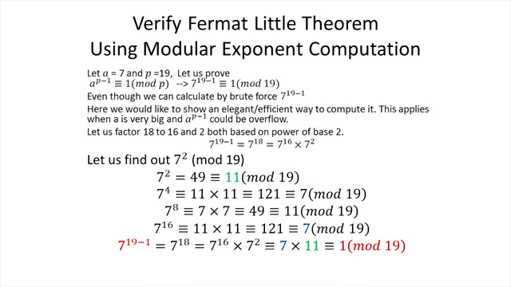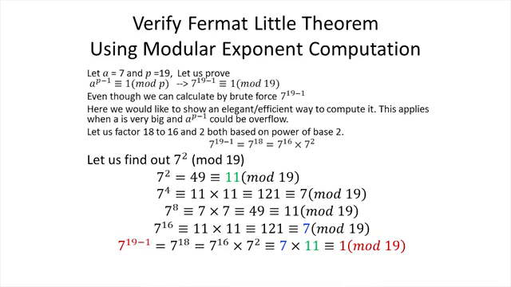Once we have all these terms, we can compute the 7 to the power of 16 and 7 to the power of 2 numbers. We can plug them in to 7 to the power 18. And this gives us 7 times 11, which is equal to 77.